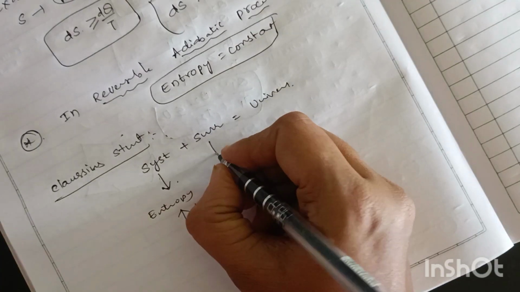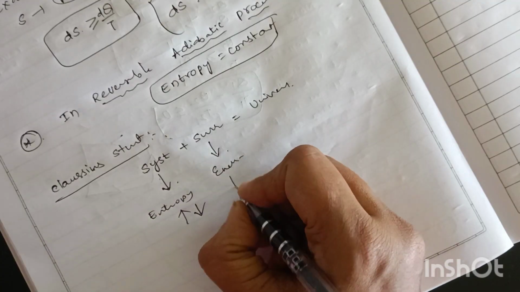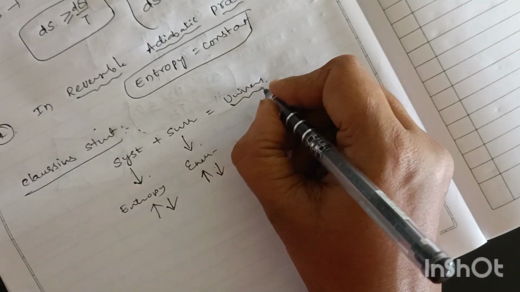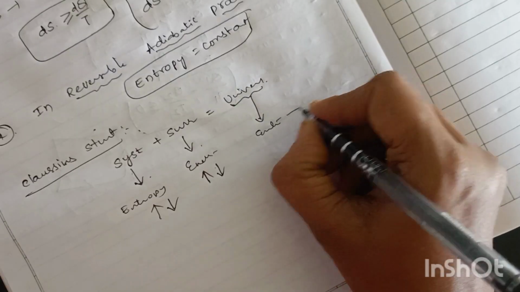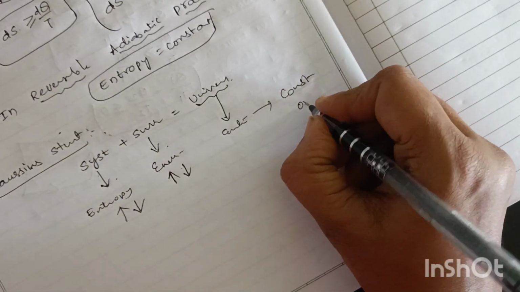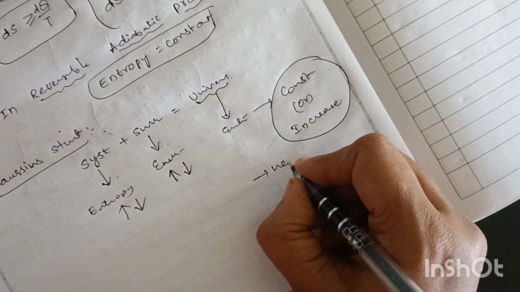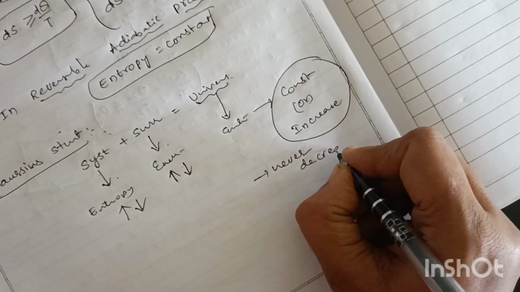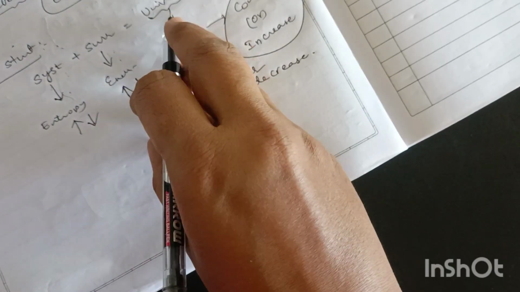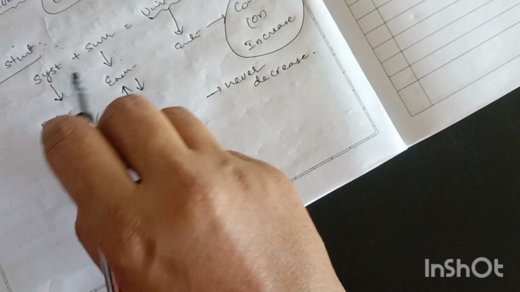Okay, next, surroundings entropy also, it may increase or decrease, but universe entropy may remain constant or it increases, but it never decreases, never decreases. Okay, so in a reversible process, system plus surrounding entropy is known as isolated system entropy.